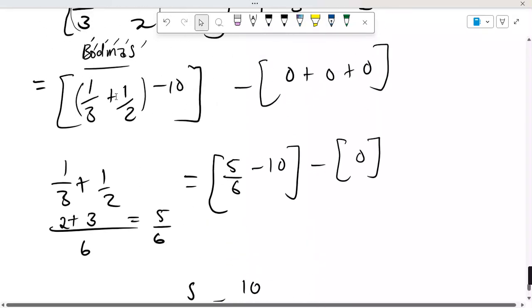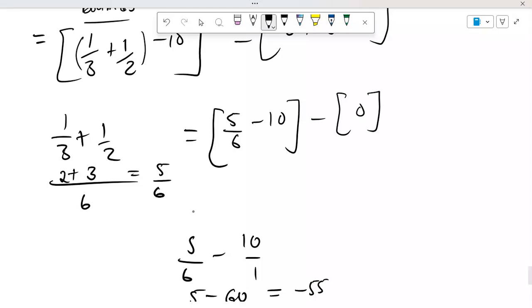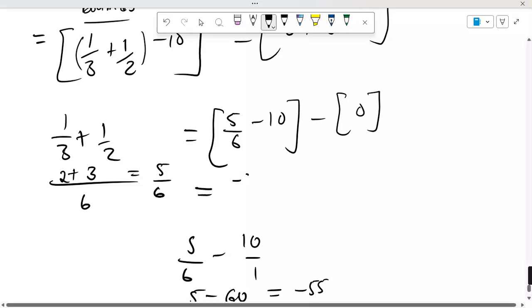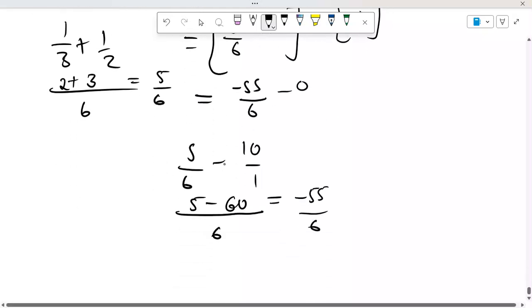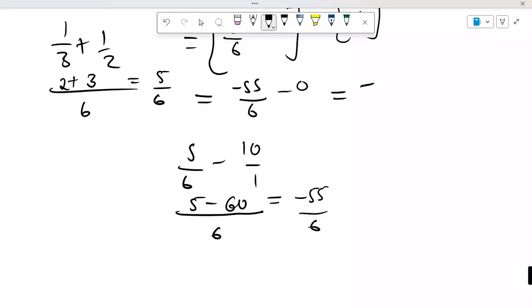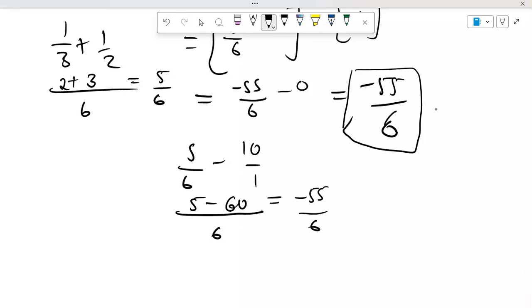So this will be negative 55 over 6 minus 0, which is just equal to negative 55 over 6. This will be your answer. We don't do any plus C here because we had limits. So your answer is negative 55 over 6.